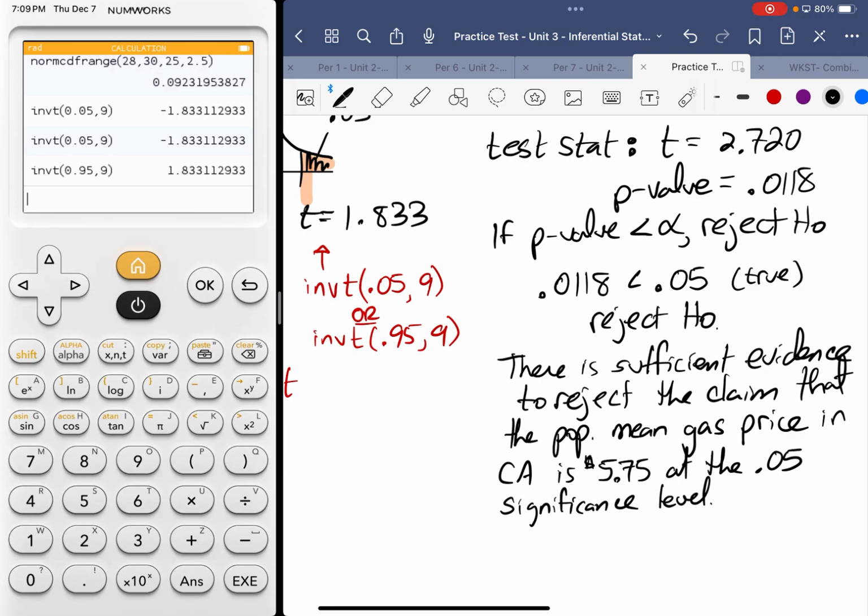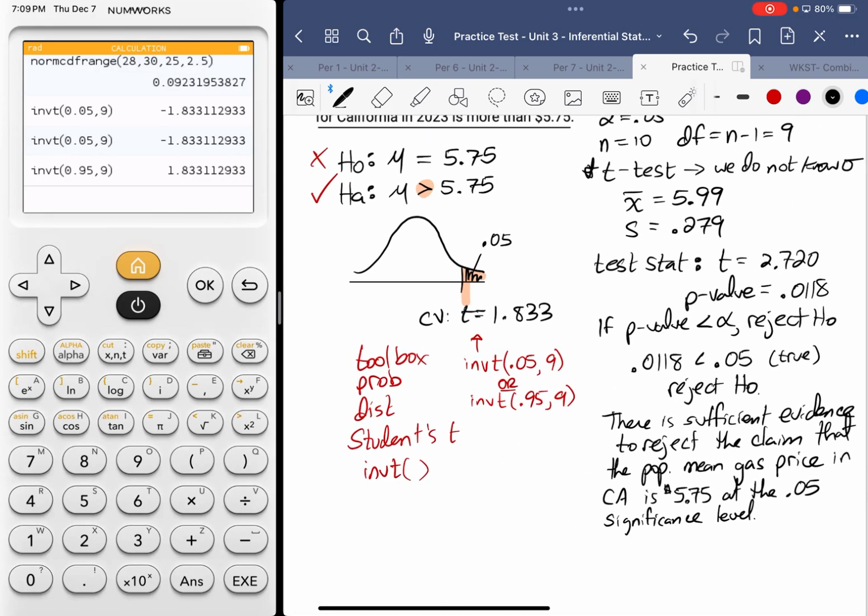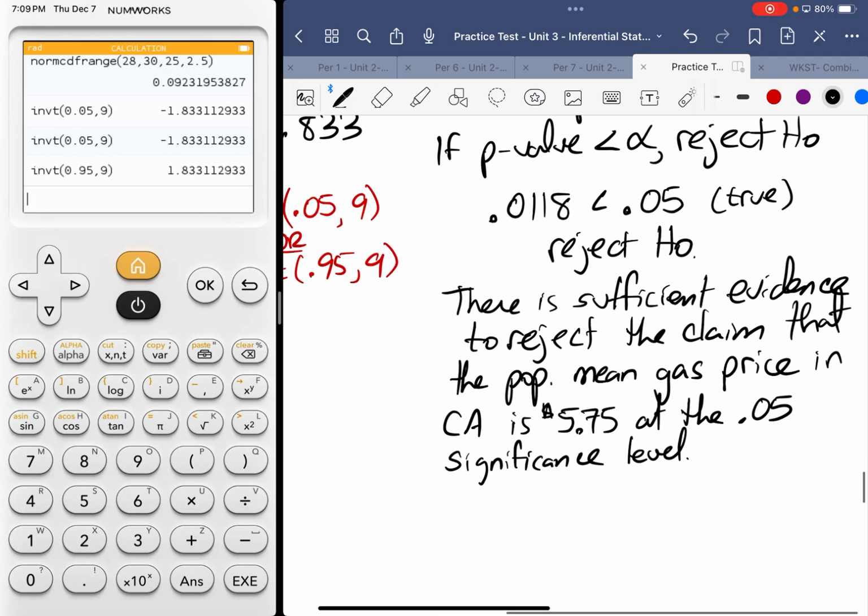And the second sentence addresses the alternative hypothesis. So the alternative, well, we get the check mark to say that that's a true statement. So I would just say, therefore, the claim that it is more than 5.75 is true.